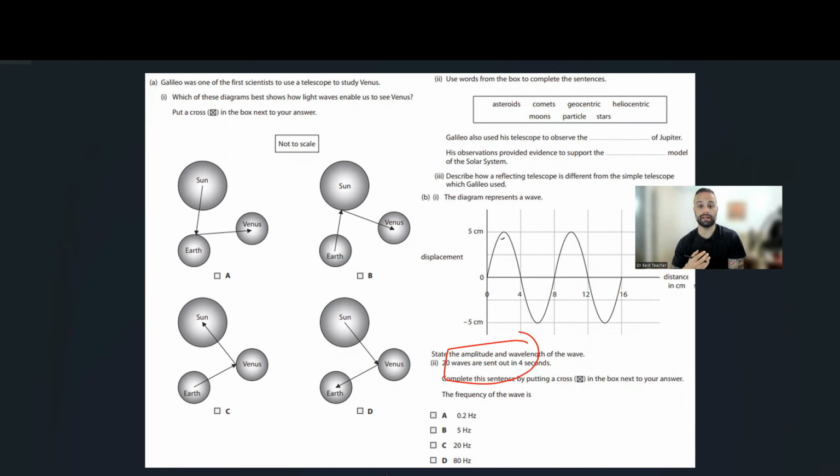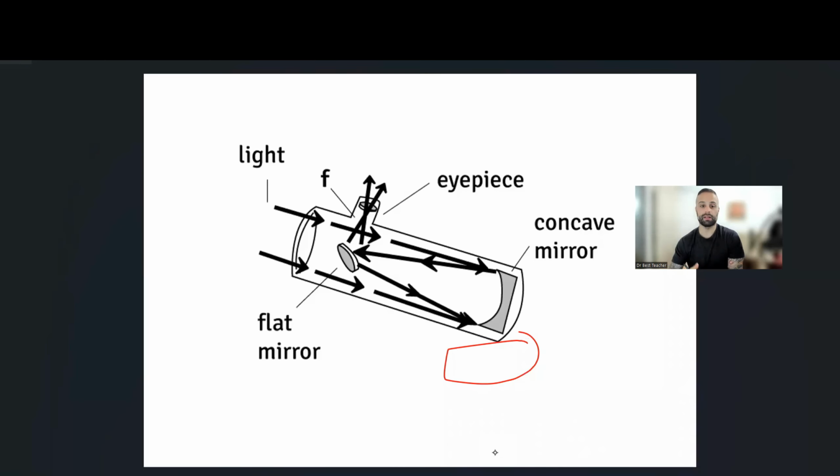Describe how a reflecting telescope is different from a simple telescope. This is a reflecting telescope. We'll do another exam question on this, but basically it uses mirrors, whereas Galileo's telescope only had a lens. It didn't have all of these mirrors to reflect the light, which magnified it. So a reflecting telescope could gather more light so we could see more detailed objects.